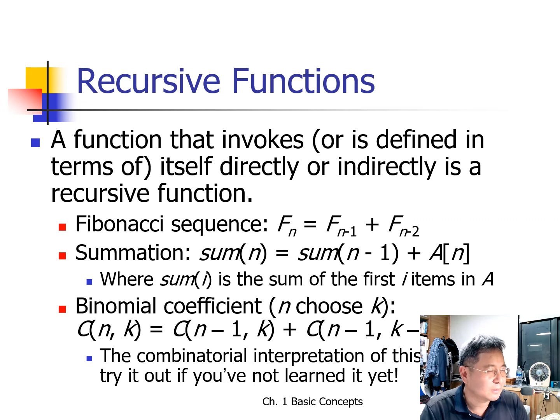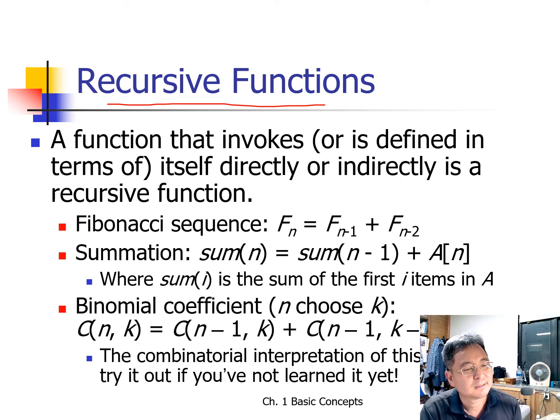And we can also improve this binary search using recursive functions. Okay, do you remember what a recursive function is? Yes, a function that is called directly or indirectly by itself is called a recursive function.